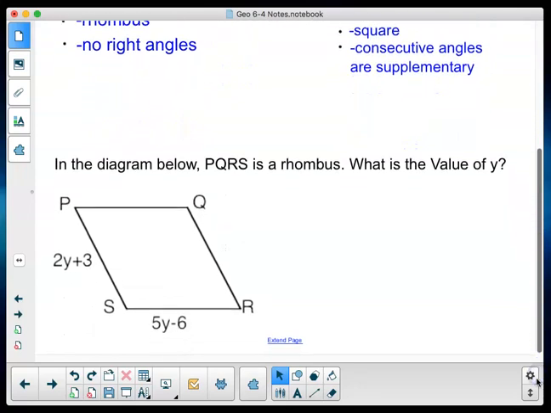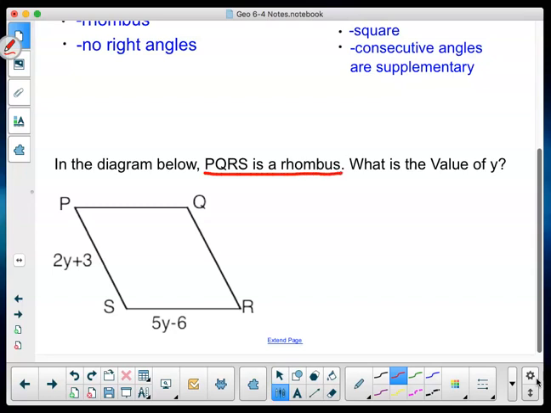Now, in the diagram below, PQRS is a rhombus. What's the value of y? Go. Some people said the opposite sides aren't the same, but folks, I didn't tell you it was a parallelogram.